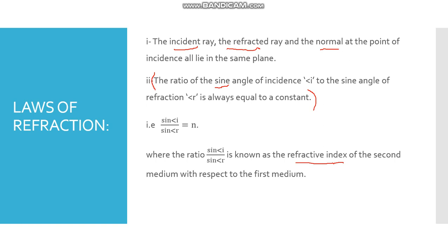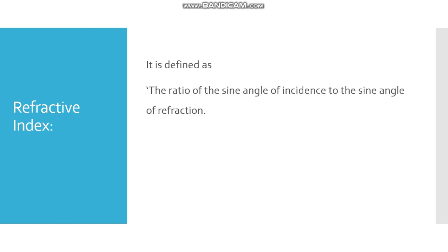Okay, and it is also called Snell's law. Okay, understood? Now refractive index, I have also written its definition: the ratio of the sine of angle of incidence to the sine of angle of refraction. This was the second point of the laws of refraction. Now mathematically you can write it as n equals sine I upon sine R. So this is refractive index.